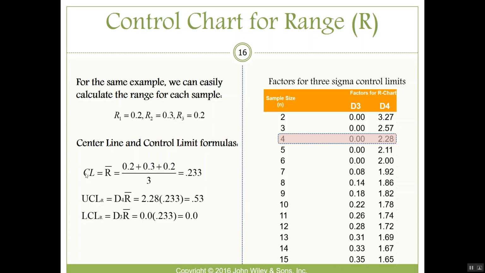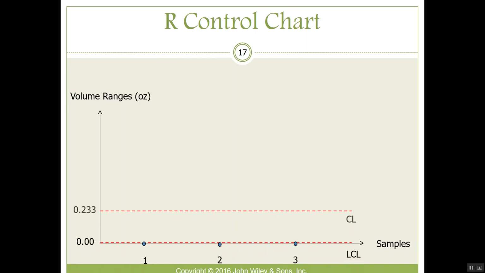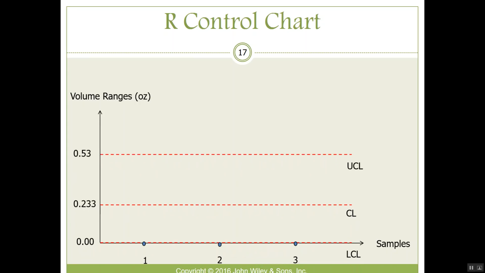We already calculated the CL. So on the next slide, this time we have samples on the x-axis and volume ranges on the y-axis. So samples 1, 2, and 3, LCL is 0, CL is 0.233, and UCL is 0.53. So of course we need to plot the values of R1, R2, and R3 here.